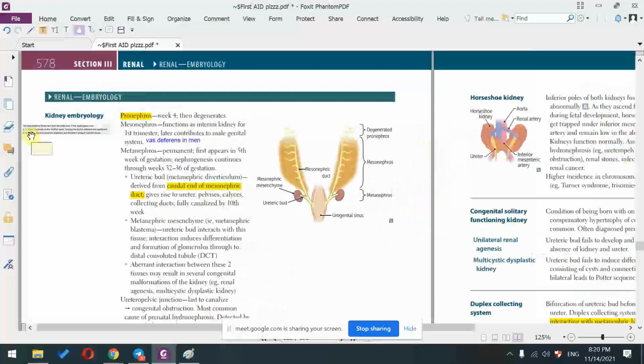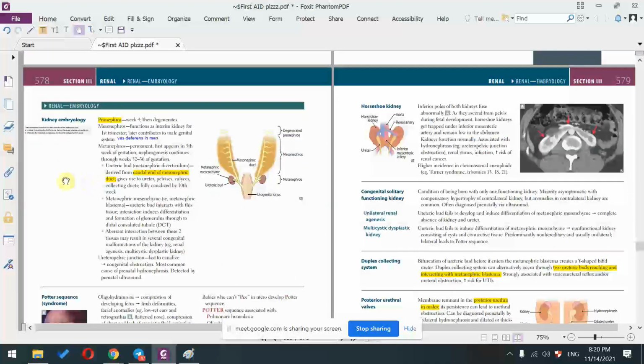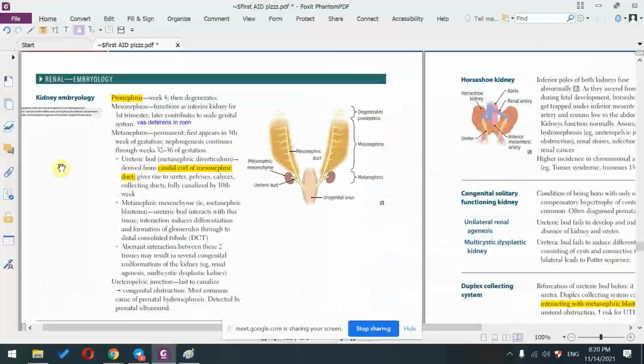Kidney, yes, exactly. If you have a problem in the kidney, you cannot put out the amniotic fluid, and thus it will start basically reducing because you are not producing a new amniotic fluid. So that leads to oligohydramnios.